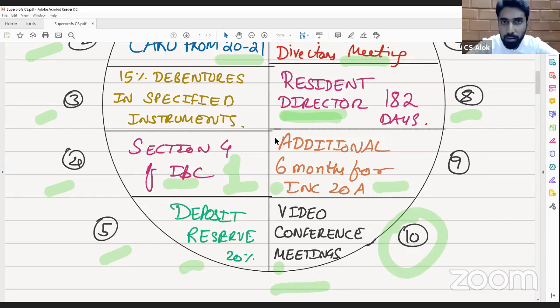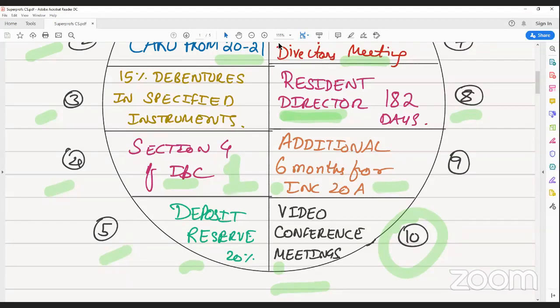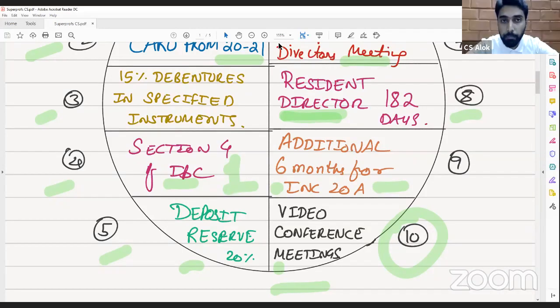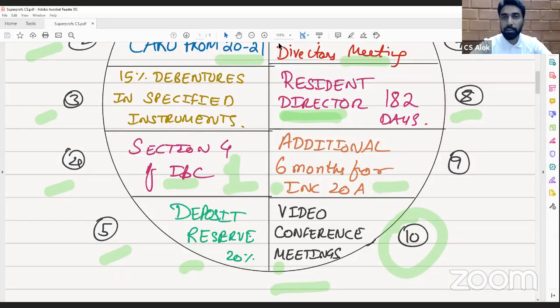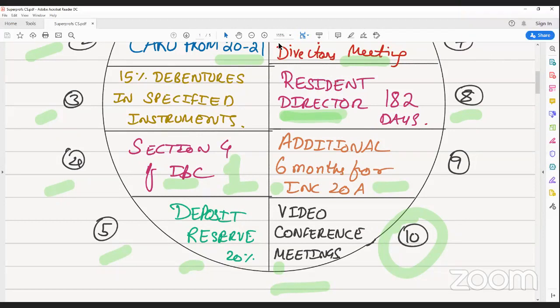Can you just click on the chat box? You can see the question. Right, right. Quorum and proxy. Okay. So I understand the question is why quorum and proxy are not same. Correct? Right, sir. Why quorum and proxy are not same.